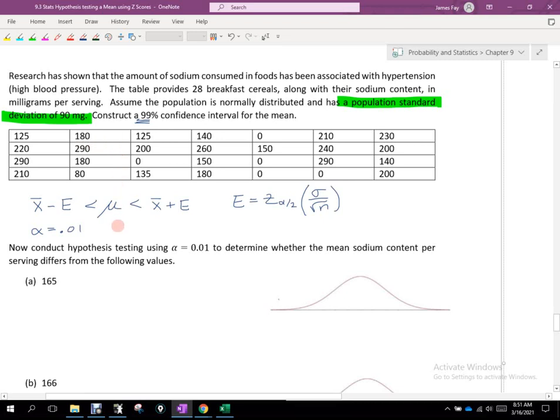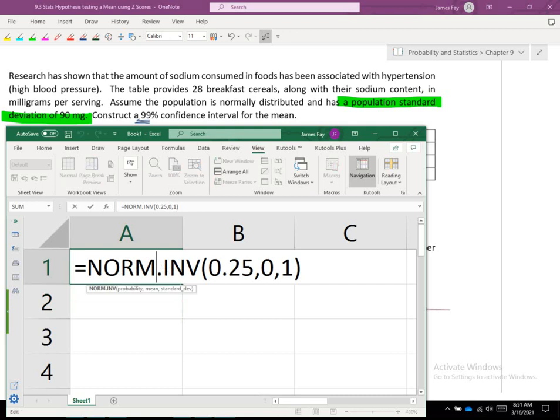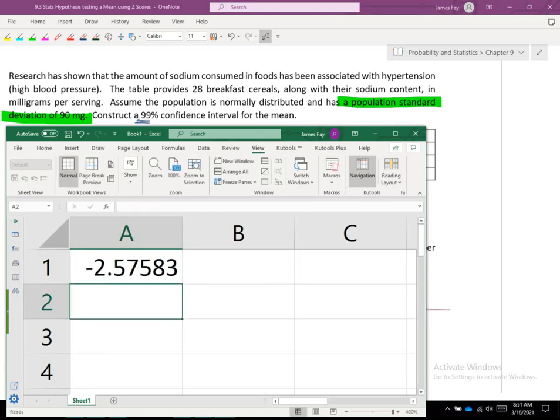So now let's go ahead and figure out what E is. We're going to take E, which is the z-score for alpha over 2. So alpha was 1%, so we're looking at 0.005. Hit enter, and it gives me negative 2.58.